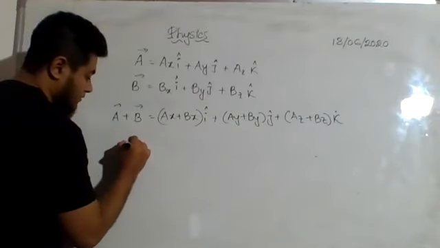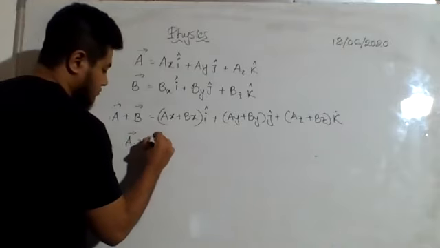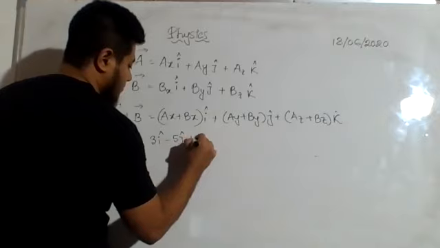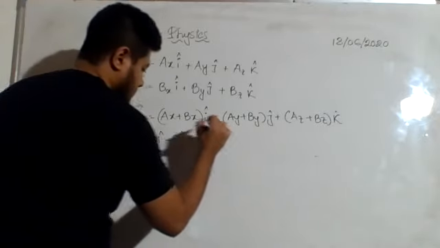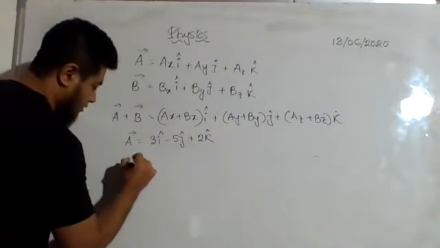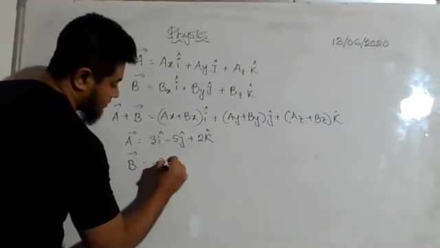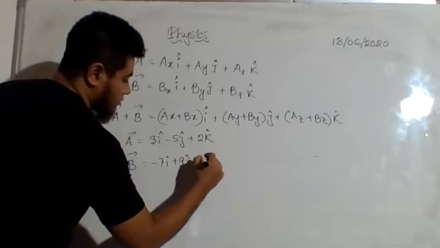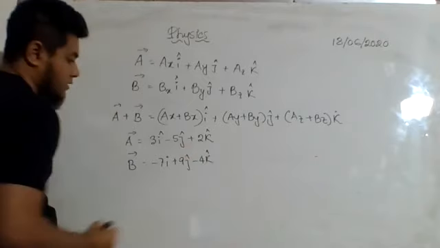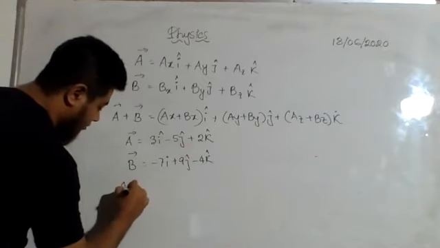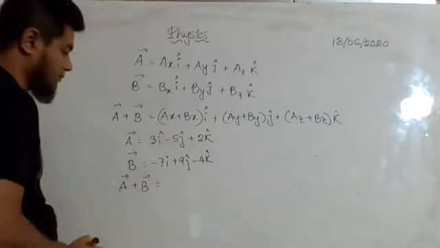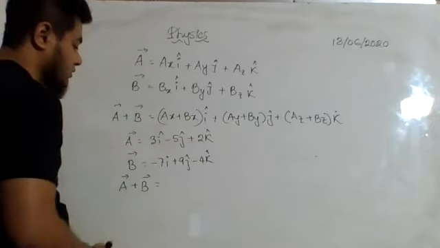Okay, now let's see an example. If A is equal to 3i minus 5j plus 2k and B is equal to minus 7i plus 9j minus 4k, and you want to add them up, then what will happen? A plus B. We will take them together.